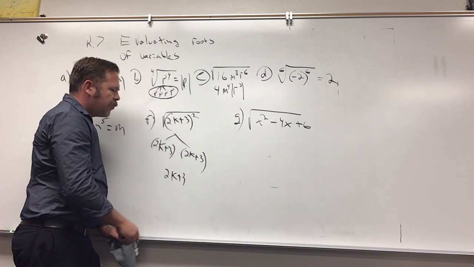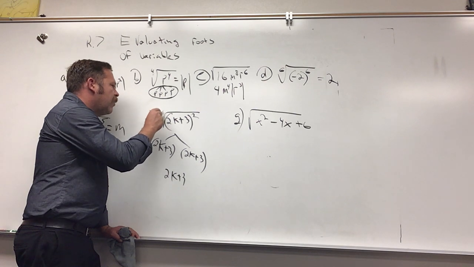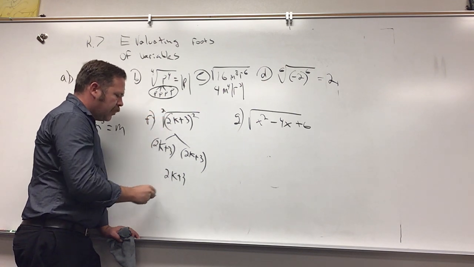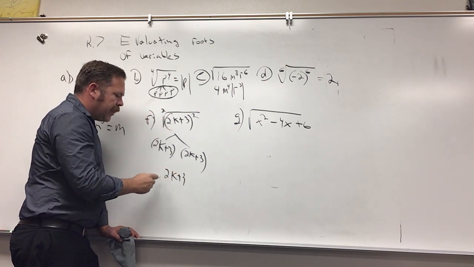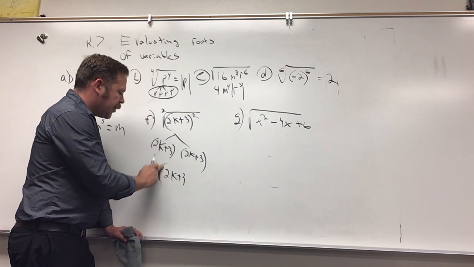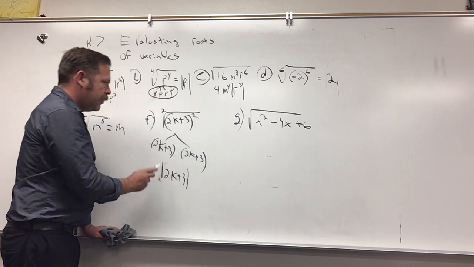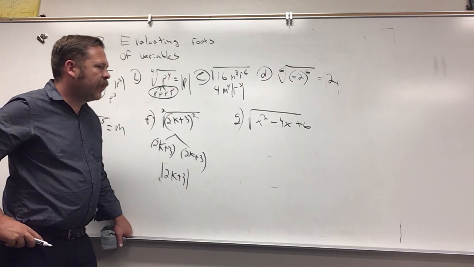But what is the exponent for this 2k plus 3? It's 1. So if we go from an even root of 2 to whatever coming out being an odd exponent, well, from even to odd, absolute value is required. So this one does need an absolute value.